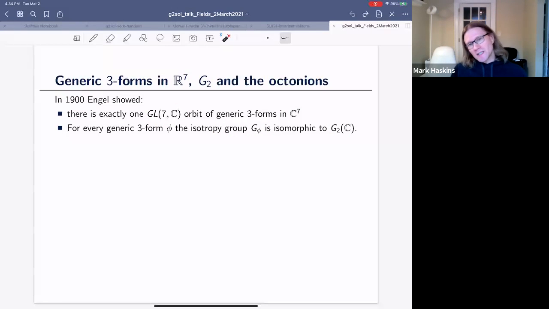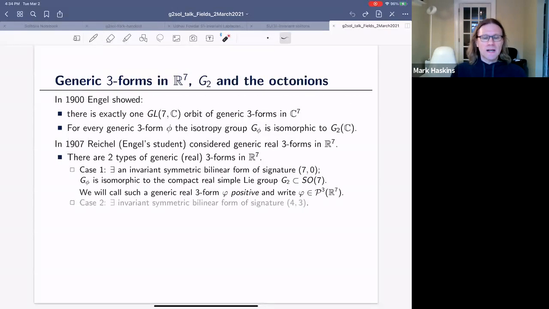We're going to be interested in the real version of this, in which case things are a little bit more subtle. Over the reals, this was a student of Engel called Ricci, who seems to have disappeared more or less after this.